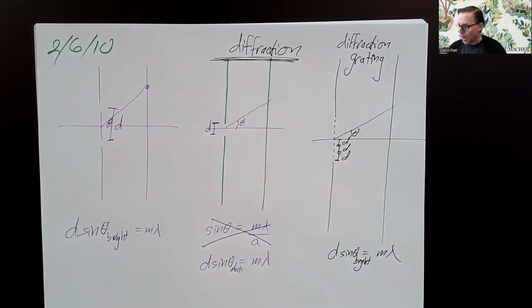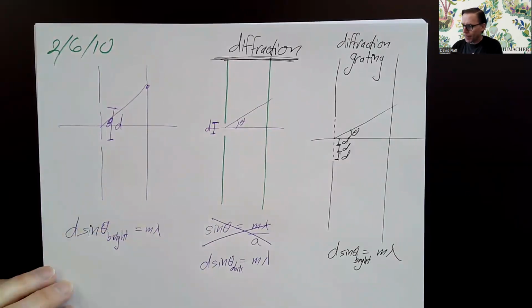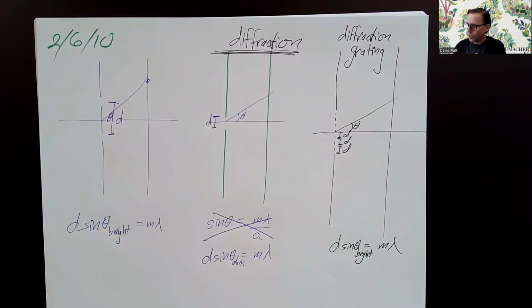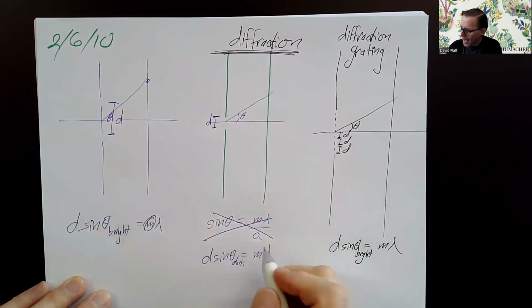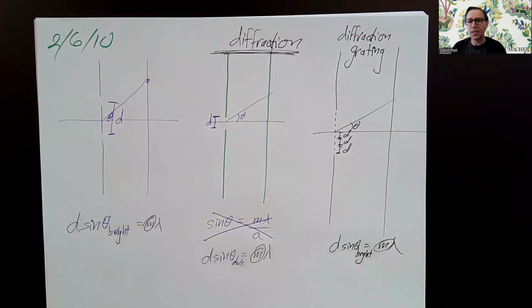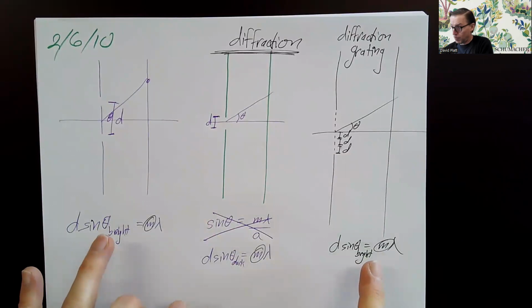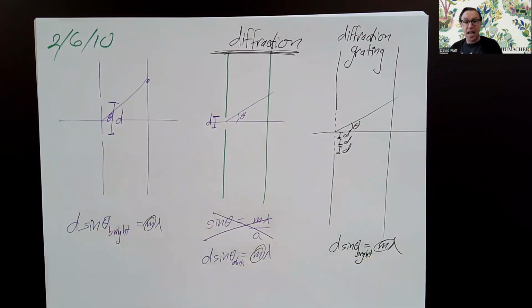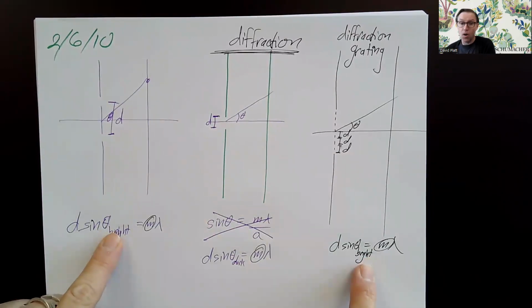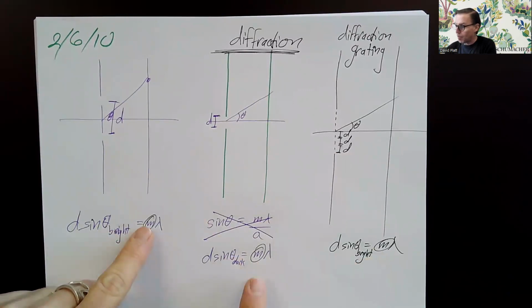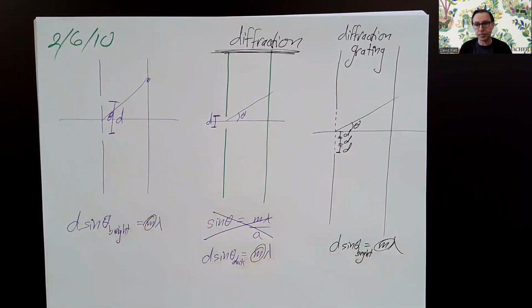All right. And then I think the final thing I had to say here is there have been some questions about this letter m, and it's just going to be an integer, 0 or 1 or 2 or 3 for bright here and dark here. And then if I wanted dark here or bright here, I would replace m with m plus 1/2.